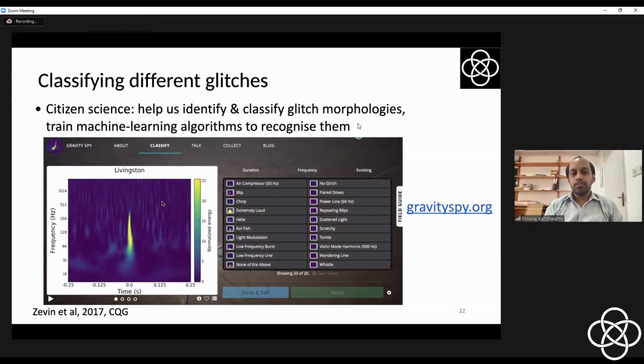There is a citizen science project called Gravity Spy, where we have put the glitches that we have identified in the bank, and people can go and look at these different kinds of glitches and classify them in some common category, so that we can identify how often these glitches happen. Is there a time dependence, or is there temperature dependence? Is there any particular dependence, so that we can further investigate that particular source for the particular type of glitches.